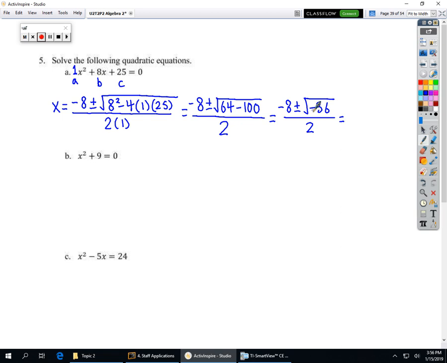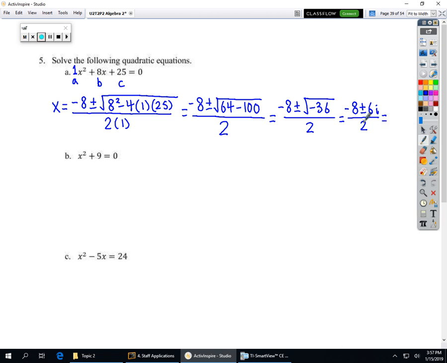So remember that negative, you've got to represent that by putting an i outside the square root. However, the square root of 36 can be reduced to just 6. So you can actually just combine the 2 steps together and do plus or minus 6i divided by 2. You could leave your answer like this. This is totally acceptable.